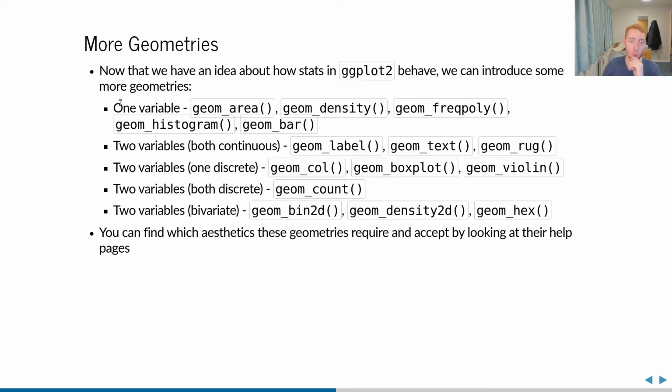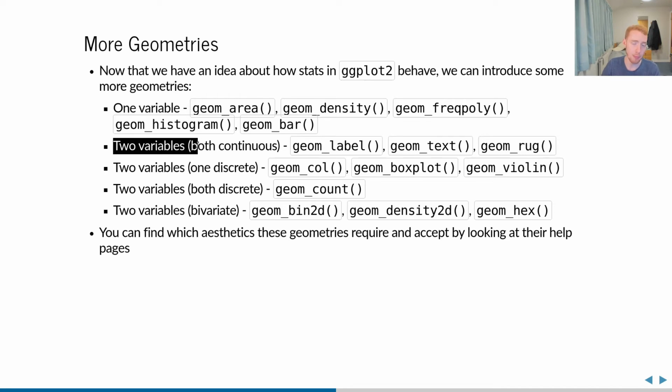Say we have one single variable. We might want to use a histogram, a bar plot, an area plot, a density. Actually, we won't do that in this session, but in the live session, if we have time, we'll look through them. We'll just run through what you can do here; have a go using them yourself and look at the help pages.